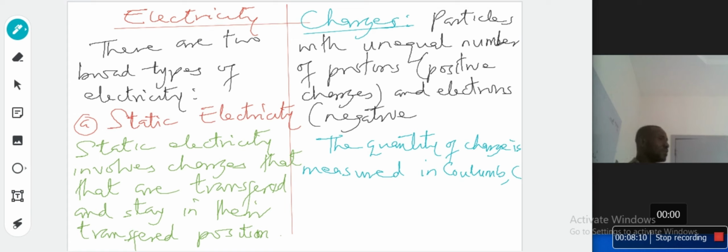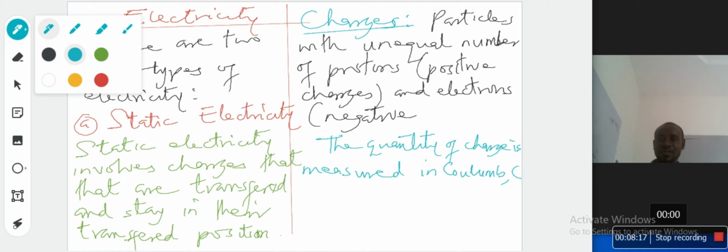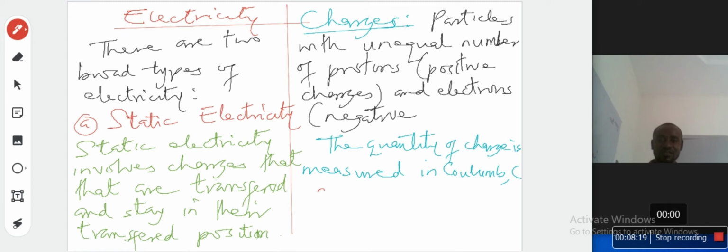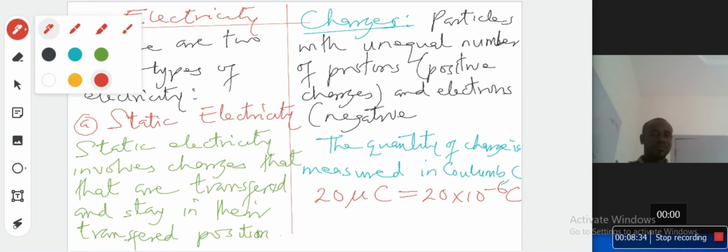Nano is raised by -9. If I have a charge of 20 micro coulomb, that's 20 times 10 raised by -6 coulomb. Micro is raised by -6. Pico is raised by -12. Nano is raised by -9.